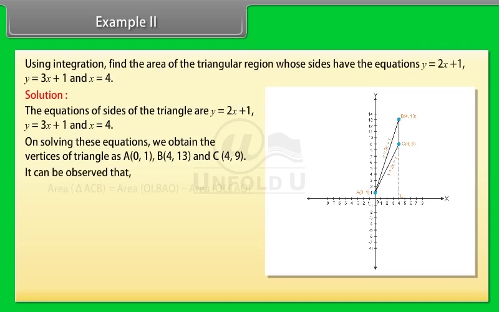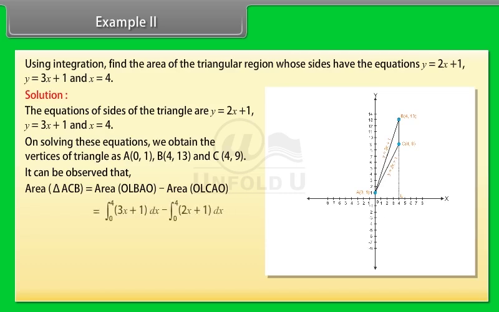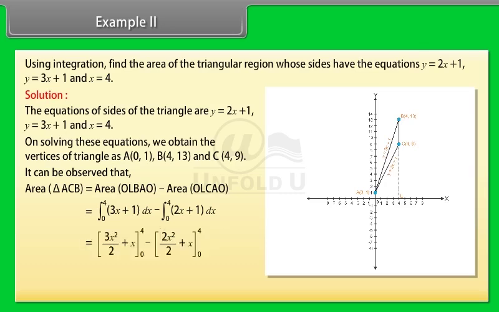It can be observed that area of triangle ACB equals area of OLBAO minus area of OLCAO. Integral from 0 to 4 of 3x plus 1 with respect to x minus integral from 0 to 4 of 2x plus 1 with respect to x. By solving, we get area of triangle ACB equals 8 square units.